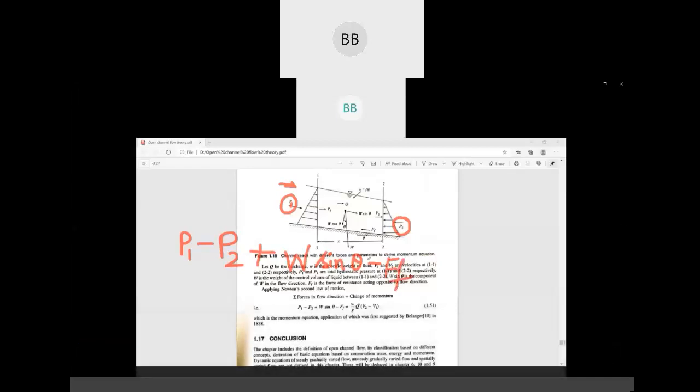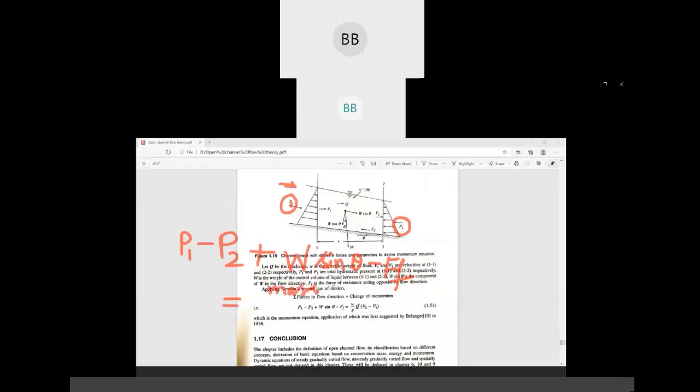So this is the summation of all the forces in the direction of flow, and it is equal to the rate of change of momentum. Change of momentum, we know, is mass into velocity.